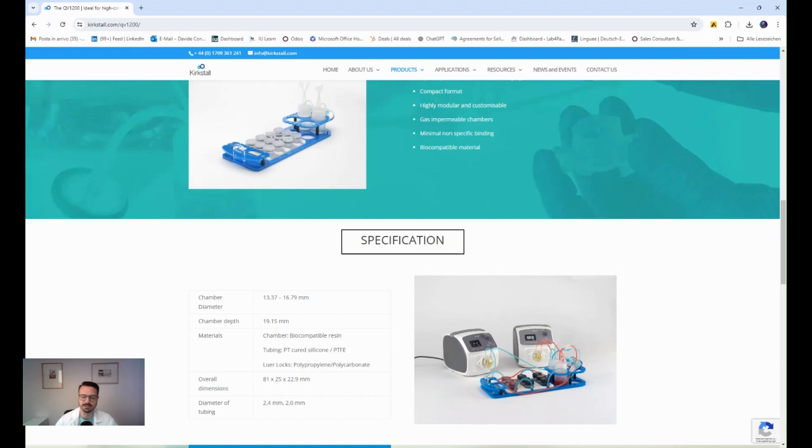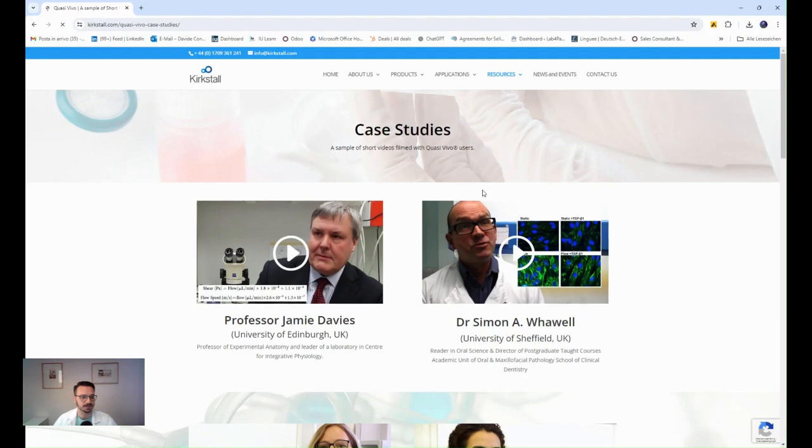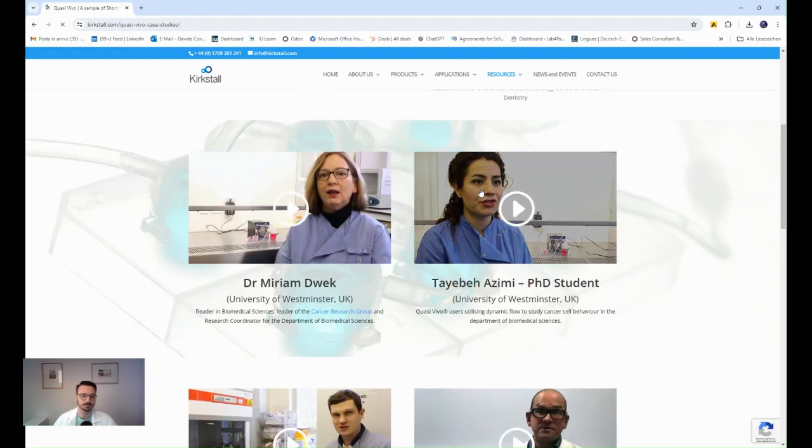So what is our rating for Kirkstall? The first point is biological accuracy. If you look at the resources in terms of case studies, they actually have quite a lot published.